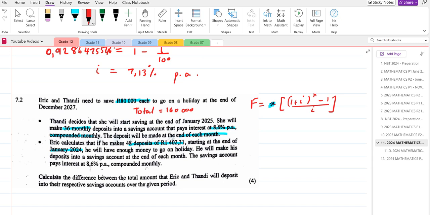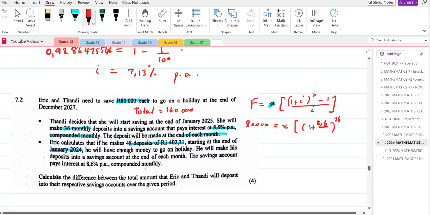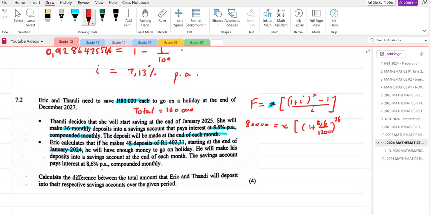When you calculate x here, the future value is already 80,000. X into (1 plus i), where i is 8.6% per annum compounded monthly, 8.6 over 1200, to the power 36, minus 1, divided by 8.6 over 1200.